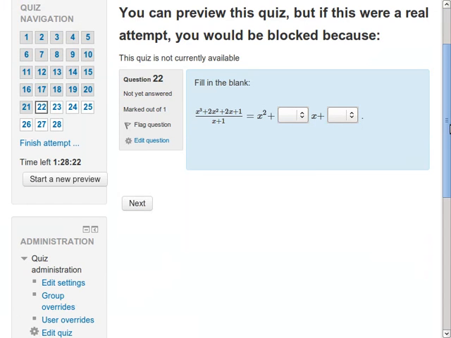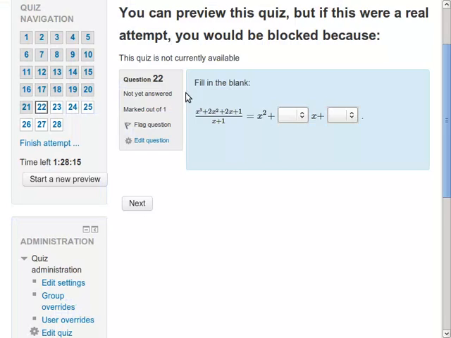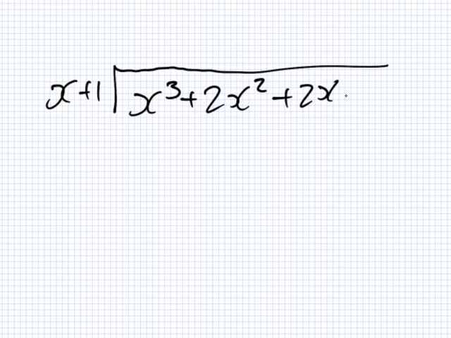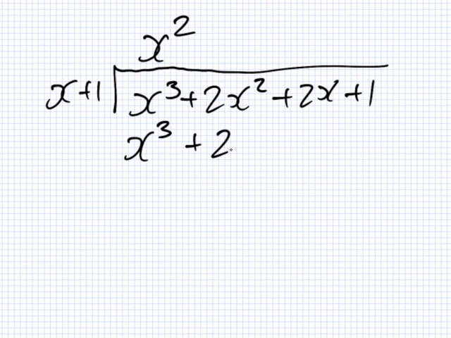Right, let's divide this one. So here I wanted x plus 1 divided into x cubed plus 2x squared plus 2x plus 1. So firstly I should have x squared. This is x cubed plus x squared.